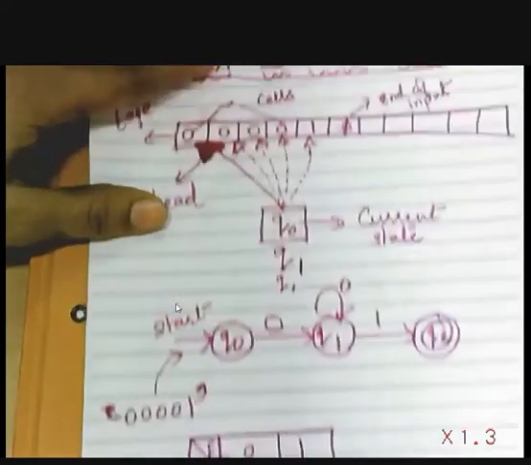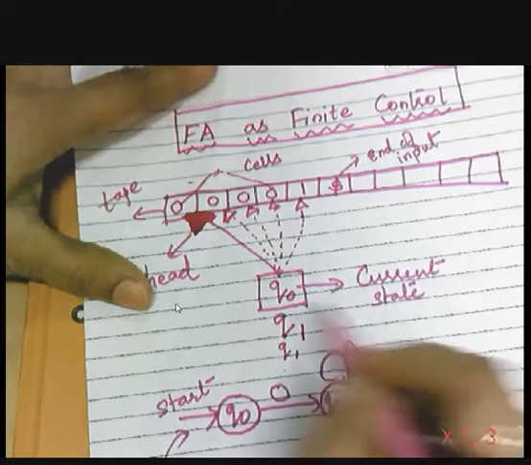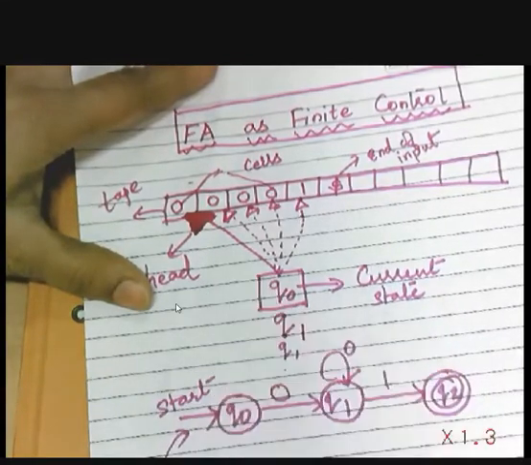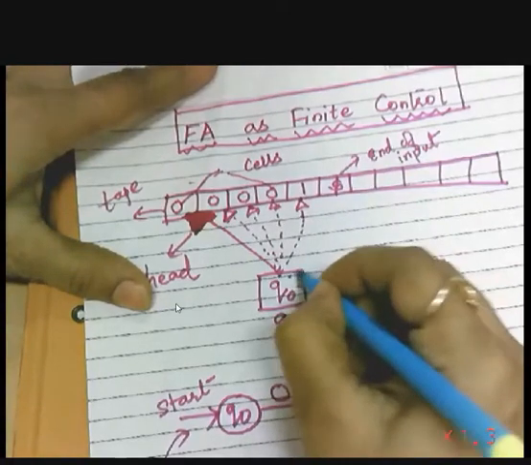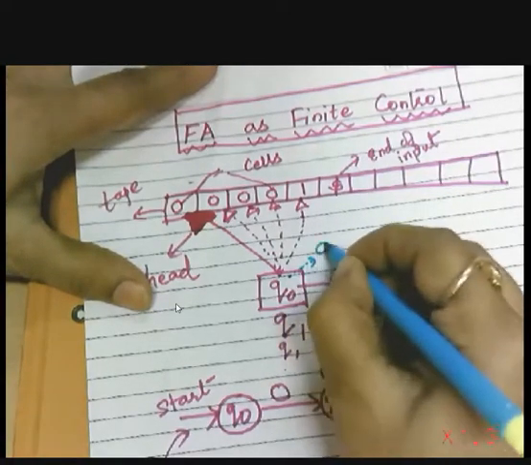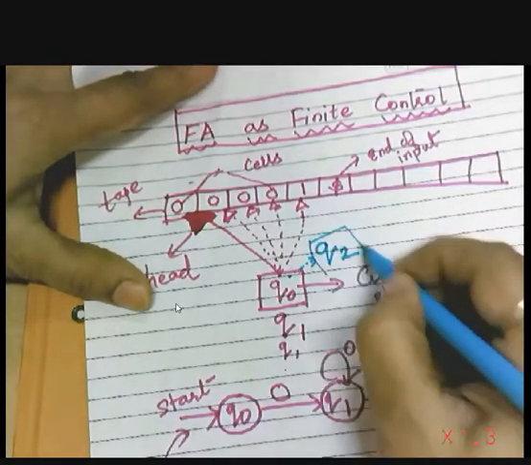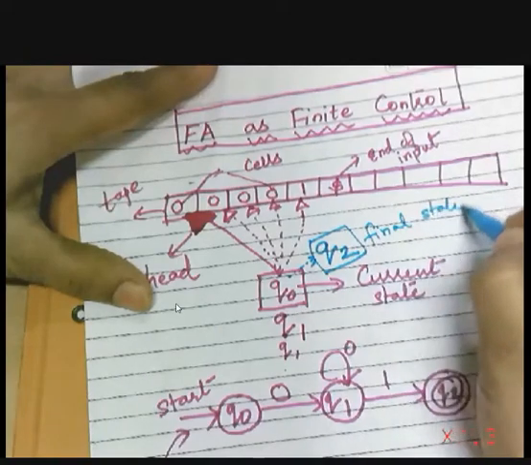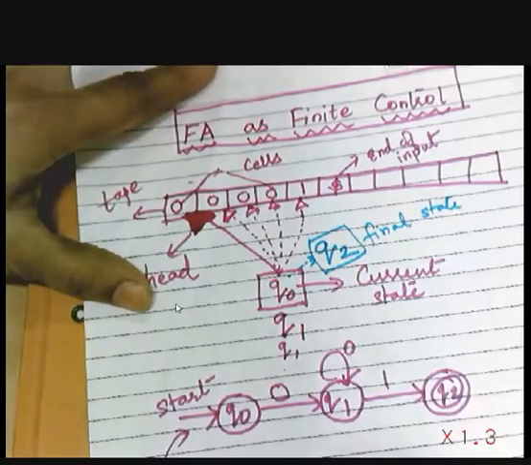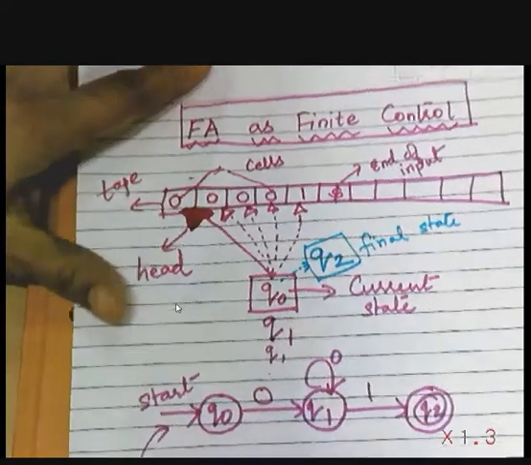So now the current state in this control finally will be Q2, right? Now this Q2 is a final state, right? So we can say that this finite control has accepted this input string.